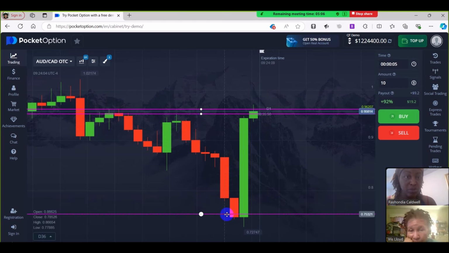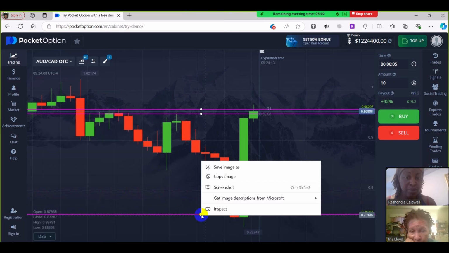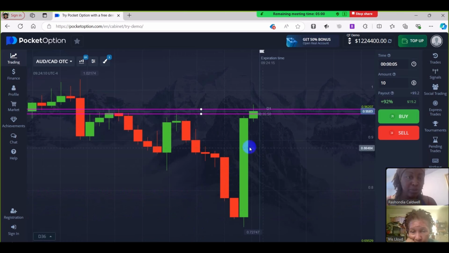Let me move this one. As a matter of fact, I'll move this one. These two right here. You got your ceiling and you got your floor. It's playing in between these two lines. The closer it gets to one or the other, it's going to do the opposite.